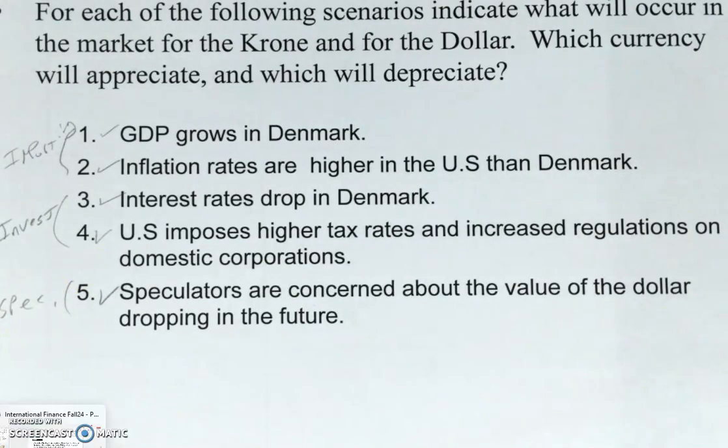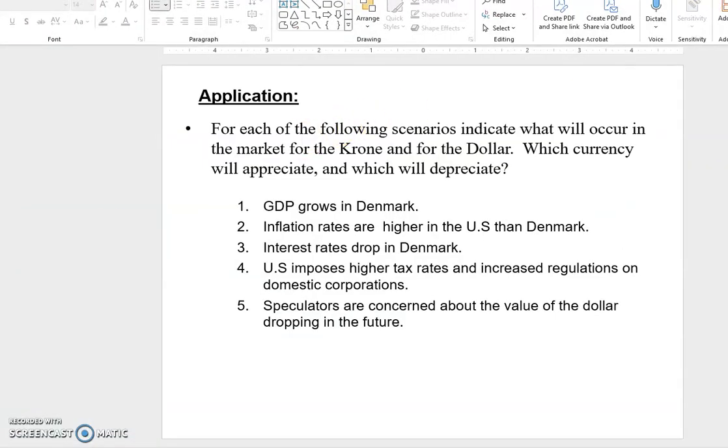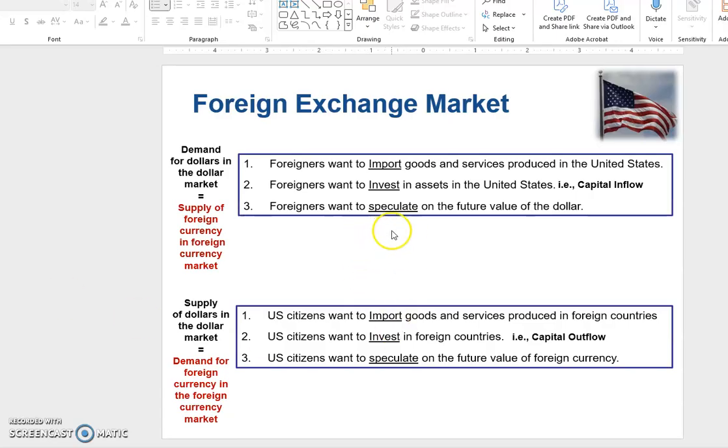So if you go back to the beginning here, if you recall, we were looking at this in a previous slide, or a previous video. Remember, the reason that there is a foreign exchange market is because of importing, investing, and speculation.